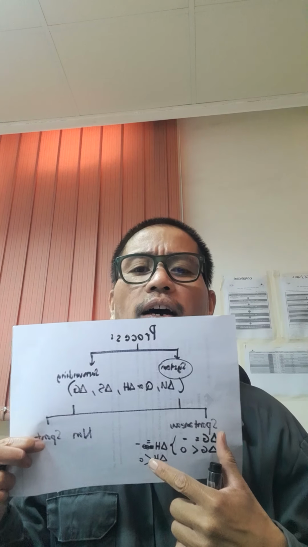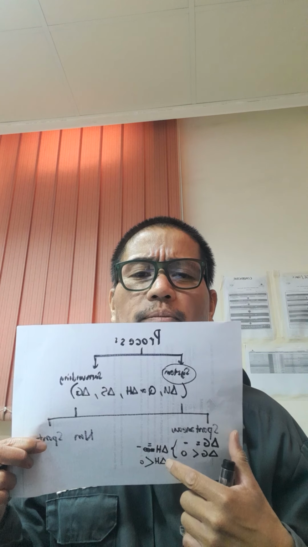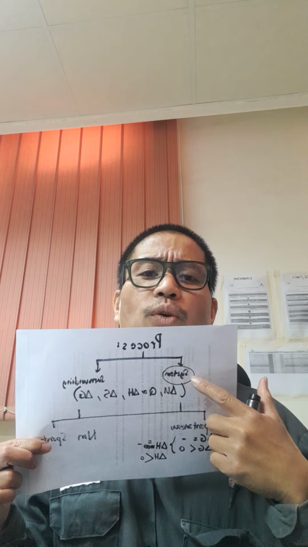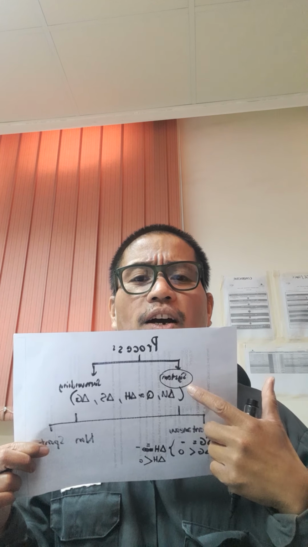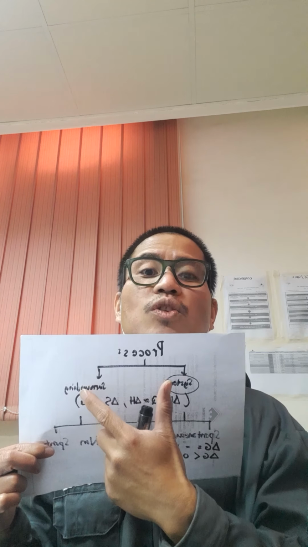So if that is a negative heat or less than 0 enthalpy, it is being removed from the system. If the heat or the enthalpy content is being removed from the system, meaning it is being released to the environment or the surrounding. Let's just use the word surrounding.